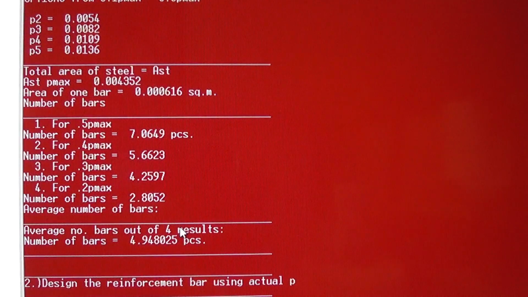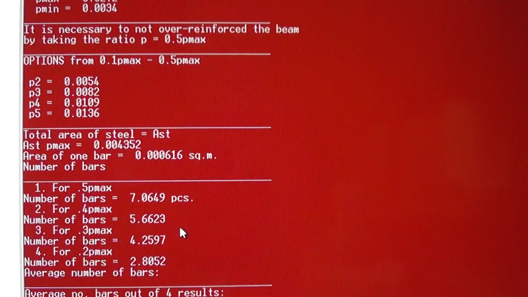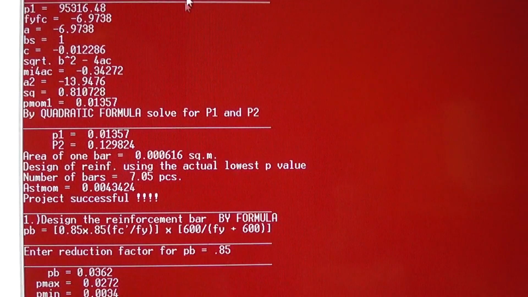Alright, so these are the results of the reinforcement bar design using both. Usually by theory it's different than by formula, so you have to make a decision there, and you have to make sure that the beam is not congested with reinforcement.